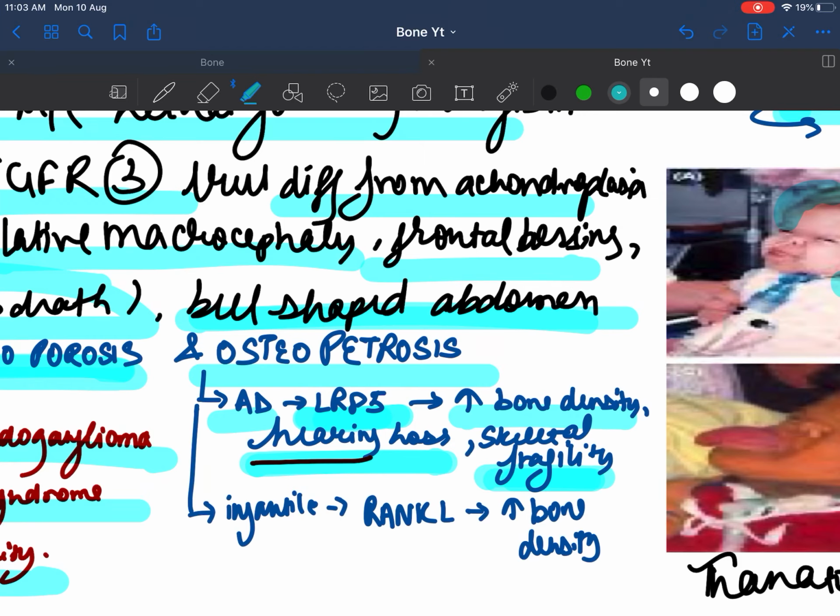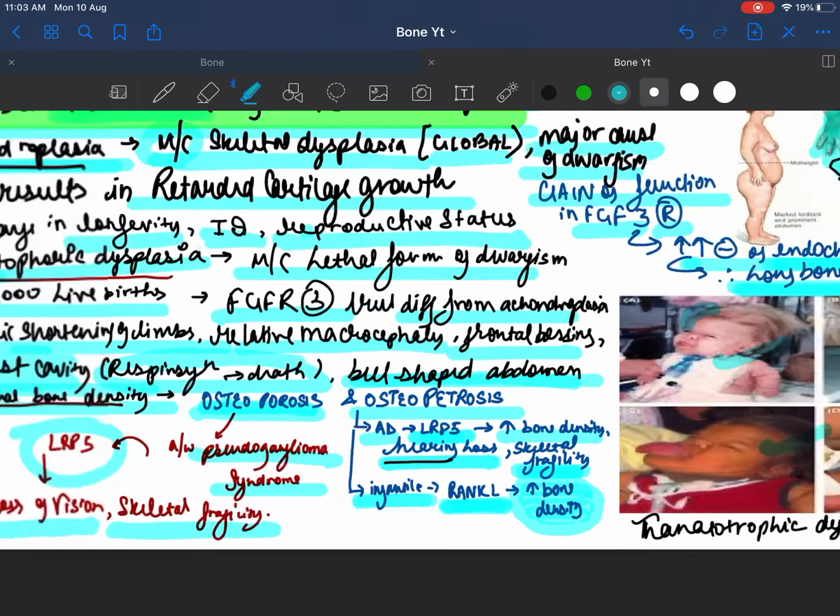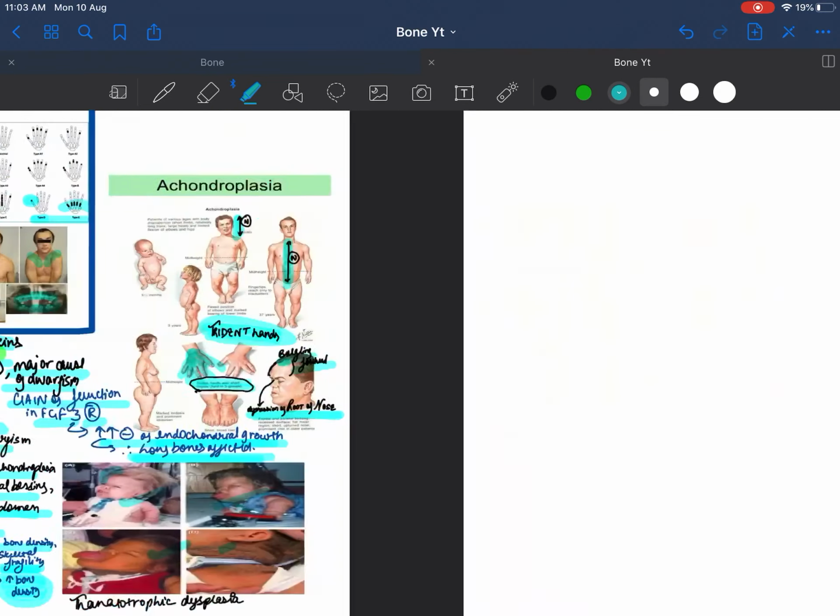And there is an infantile type also, where the mutation is in RANKL. So it is easy to understand, the RANKL mutation will also be a loss of function mutation, because RANKL and RANK association actually increases what? The osteoclastic activity. So RANKL loss of function mutation will lead to less osteoclastic activity, which will lead to increased bone density.